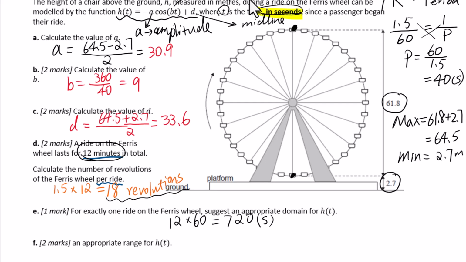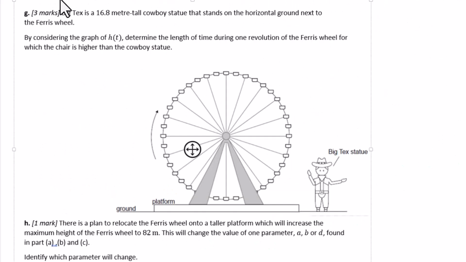So we will use seconds for the domain of this function: t greater than or equal to 0, less than or equal to 720 seconds. An appropriate range for h of t: from this wheel, we know minimum value is 2.7, maximum value is 64.5. So h of t is greater than or equal to 2.7, less than or equal to 64.5.